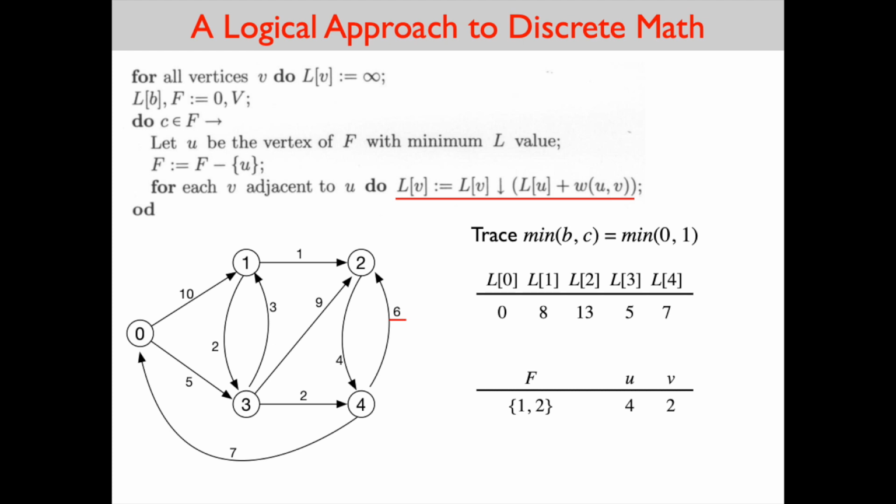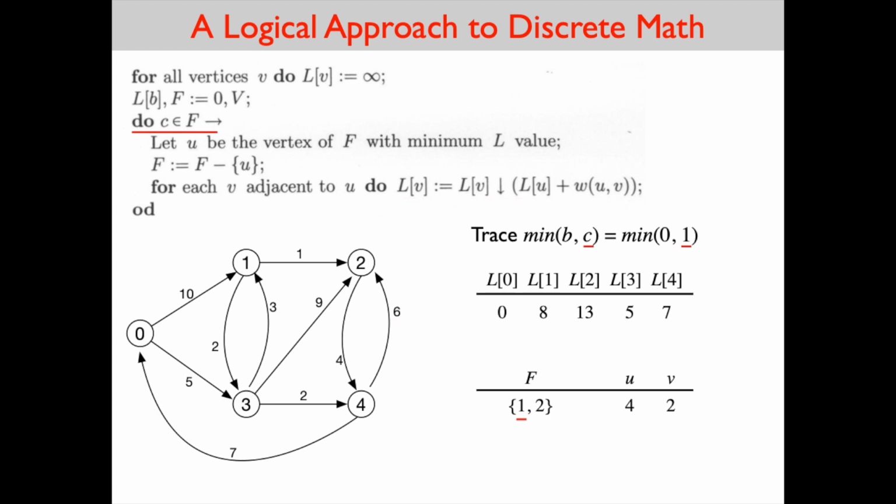Even though it takes more hops to go from 0 to 3 to 4 to 2, when you go from 0 to 3 to 2 directly, that 9 is more expensive than the 6 plus 2, which is 8. So consequently, you see, the newly discovered minimum cost to vertex 2 is 13.